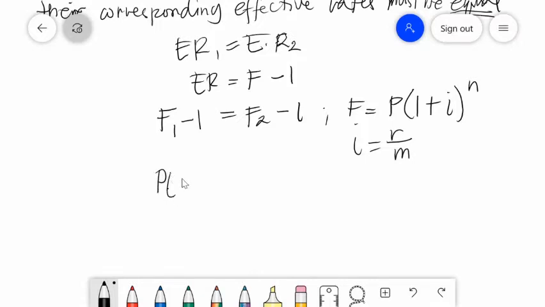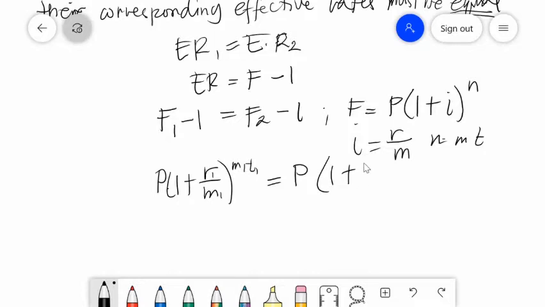P multiplied by 1 plus our I is R raised to M, R1, M1 raised to N, or our N is equal to MT. So M1 T1, it is equal to P multiplied by 1 plus R2 over M2 raised to M2 T2.